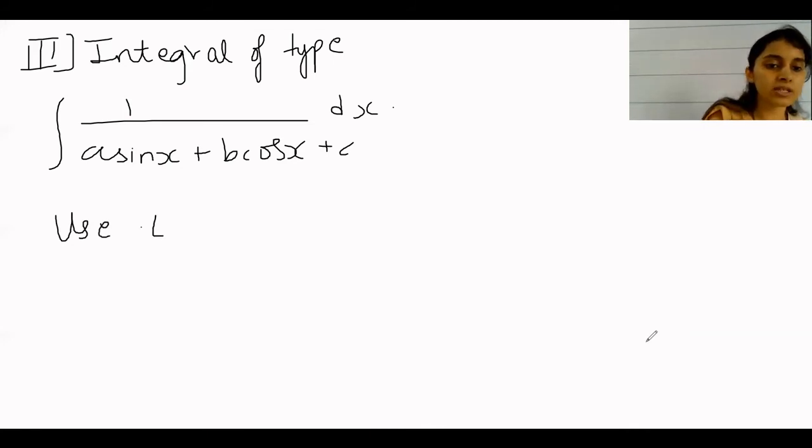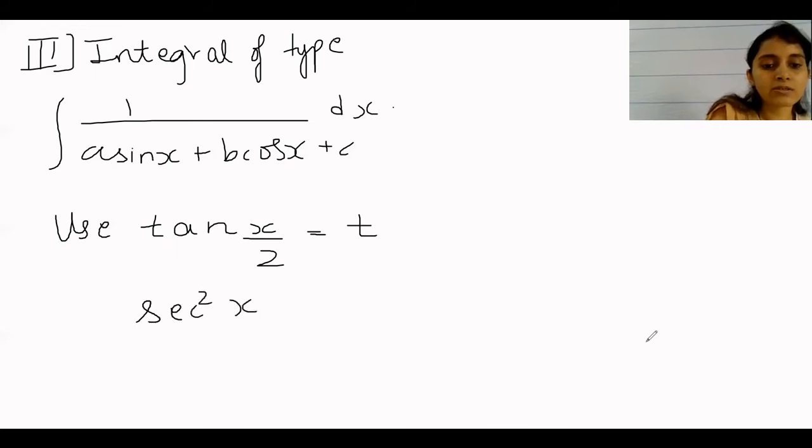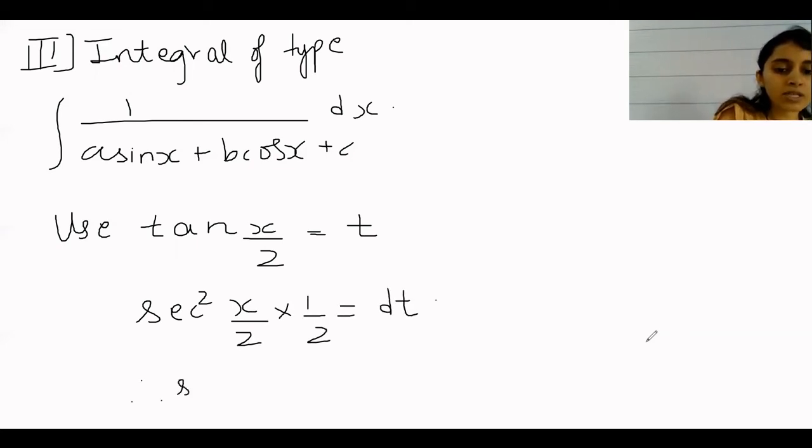Then you will say use tan x by 2 equal to t. Now, when I say tan x by 2 is equal to t, then its derivative will be sec square x by 2 into half equal to dt. Therefore, sec square x by 2 is equal to 2 dt.